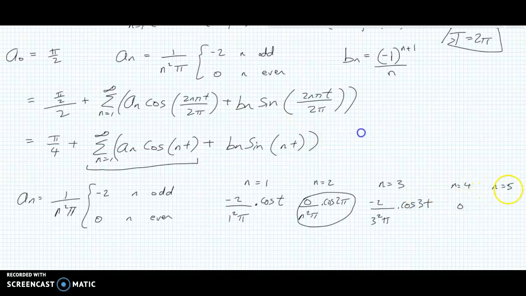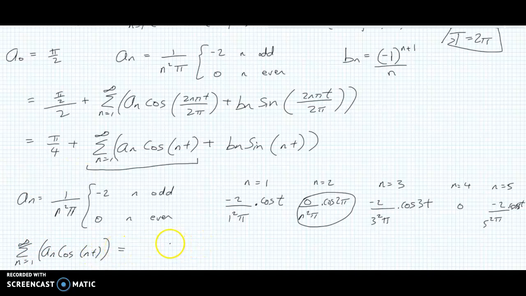When n is 5, we're going to have minus 2 over 5 squared pi times the cos of 5t. So just examining the sum from n equals 1 to infinity of an cos nt, we can write it like this.